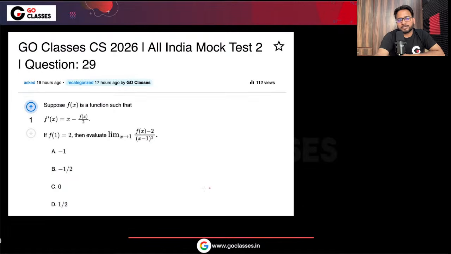It was an easy question. It was related to calculus, basically to the L'Hopital rule. So this question, they are asking for this limit. What you can do, let me write on the next page probably.